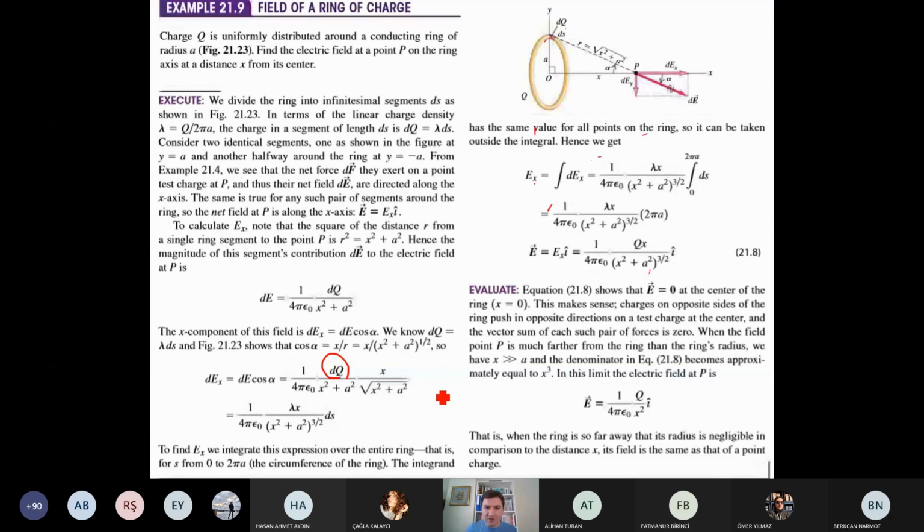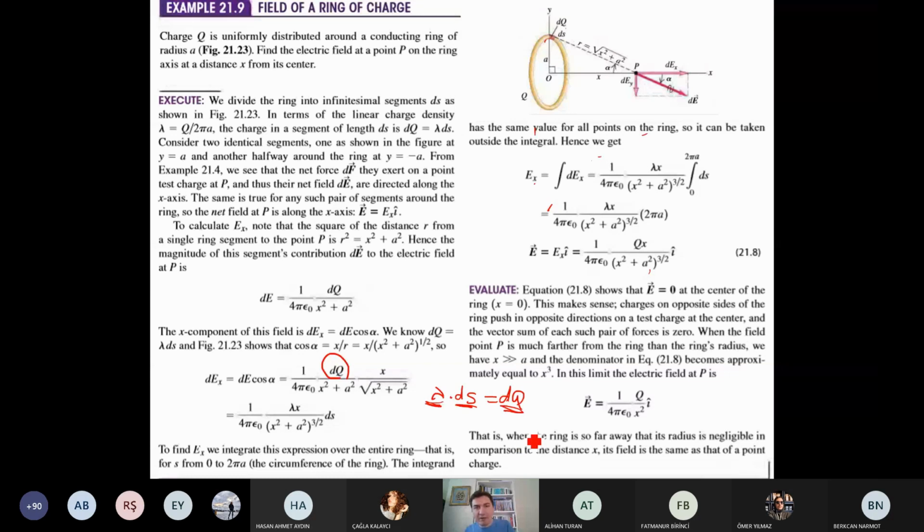This is the linear charge density, this is the length of the segment, and this is the charge of this small segment. So instead of dq, I just write lambda times ds. ds is the length of the small segment.